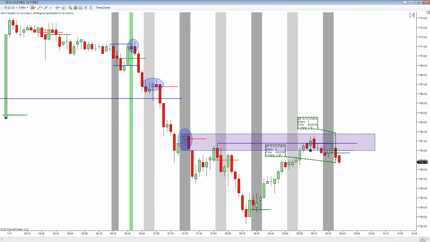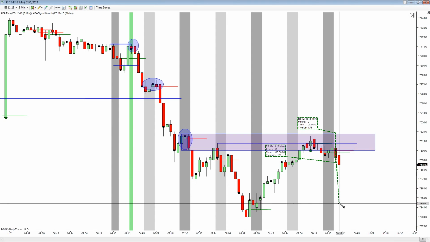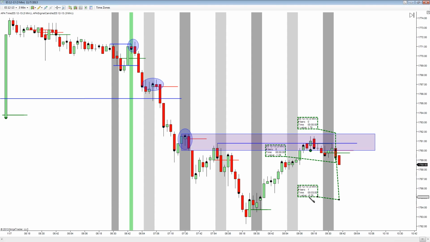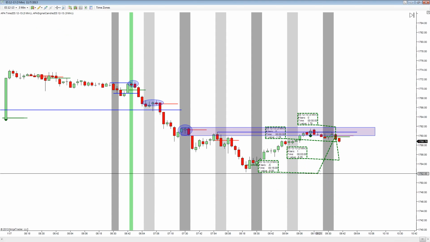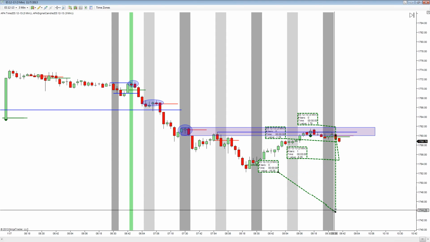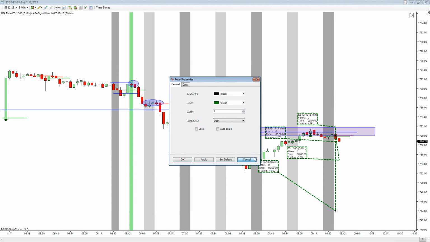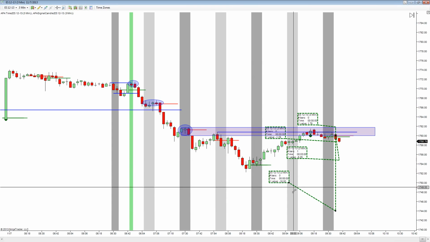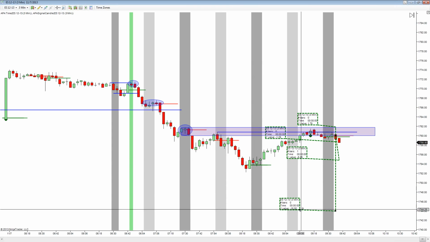I'm looking at this area of consolidation over here on the right, and then I want to play the range, and I feel like the range is going to take me down here, and then I want to make it look good, so I'd be looking for another zone of opposite type to take this down to, wherever that may be. But I try to keep it really simple.